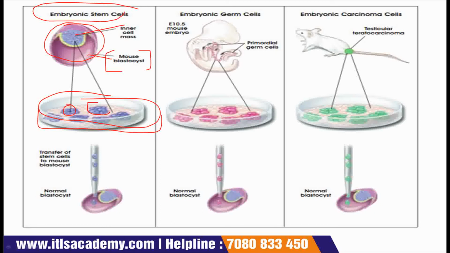These inner cell mass cells are further transferred, or a transfer of stem cells to mouse blastocyst has occurred. These are normal blastocyst cells that are formed.